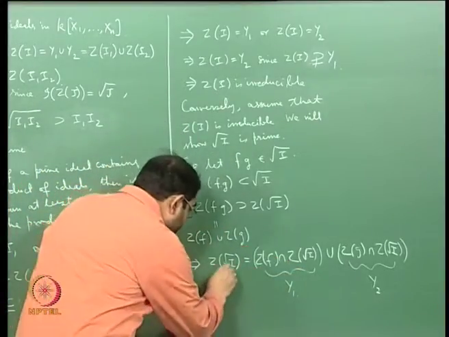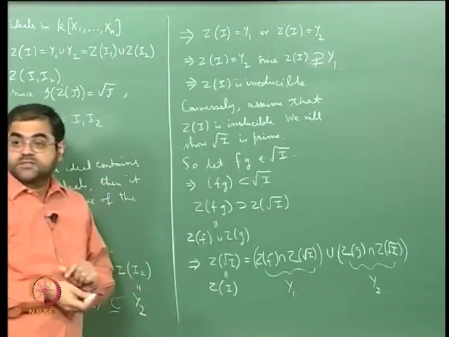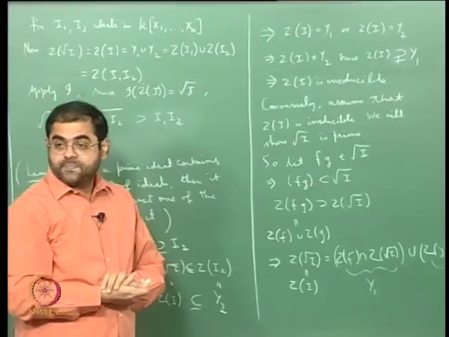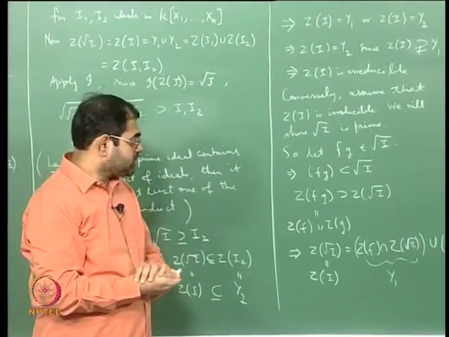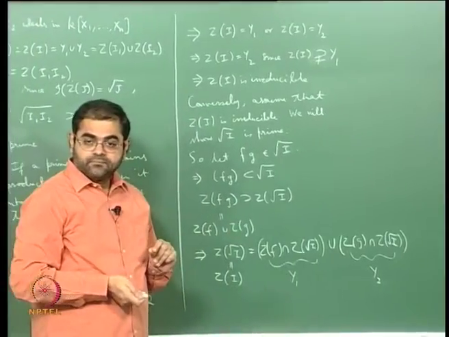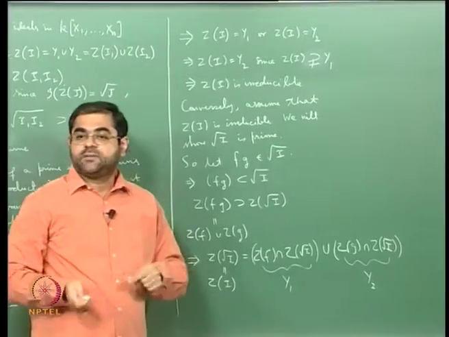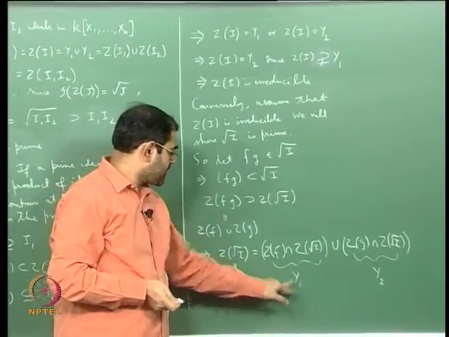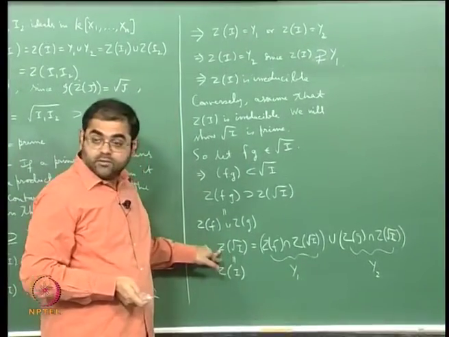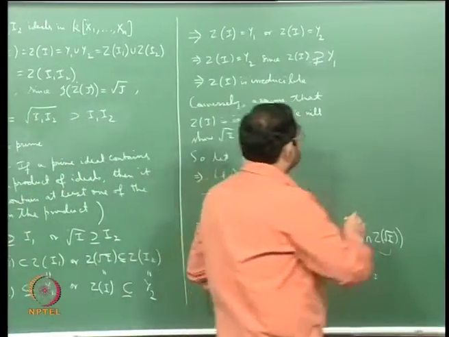But mind you, Z of rad I is the same as Z of I, and what is the assumption on Z of I? The assumption on Z of I is that it is irreducible. So the moral of the story is that either one of these is empty, and if both are non-empty, then one of them has to be the whole Z of I itself.